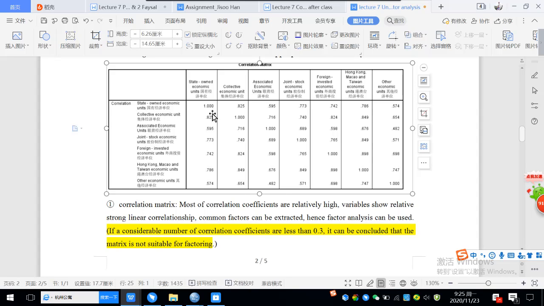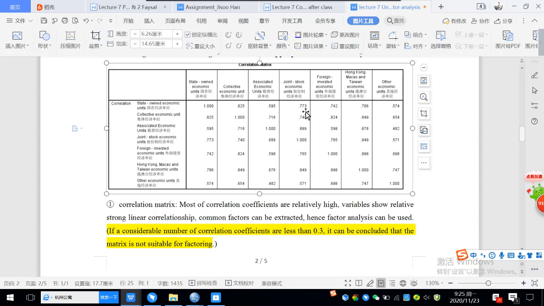Okay, let's look at this correlation matrix. Here all of them are more than 0.4.